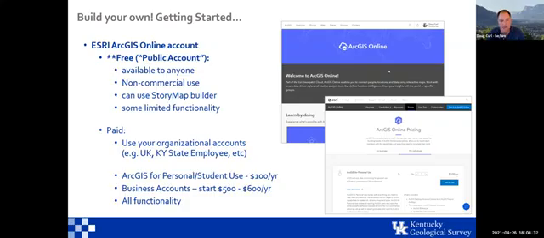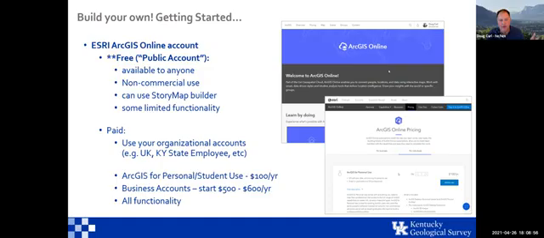Now, paid account: if you're with an organization that has an Esri license, like an enterprise license like UK does or Kentucky State Employees, you might be able to use your organizational accounts. We have one for KGS specifically.